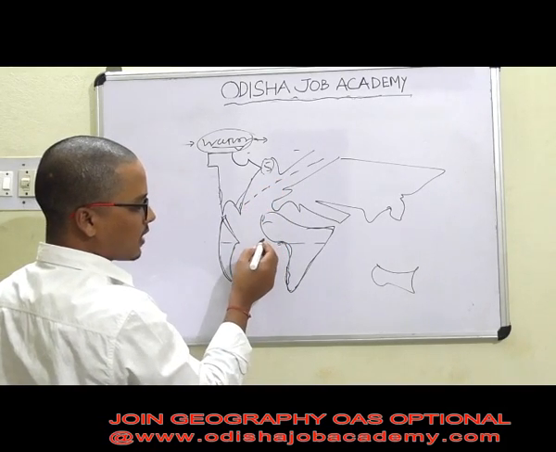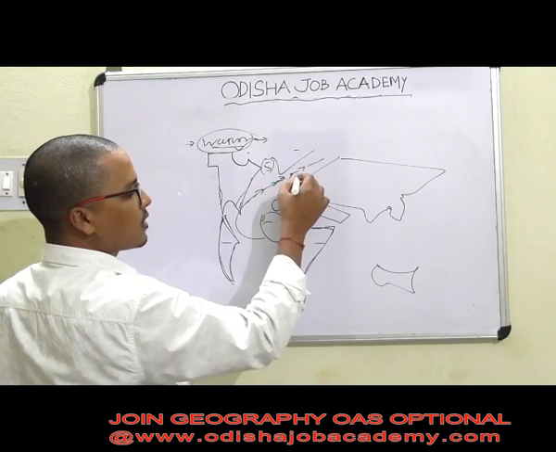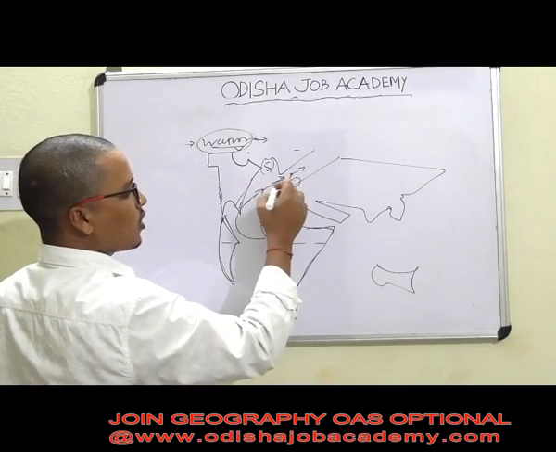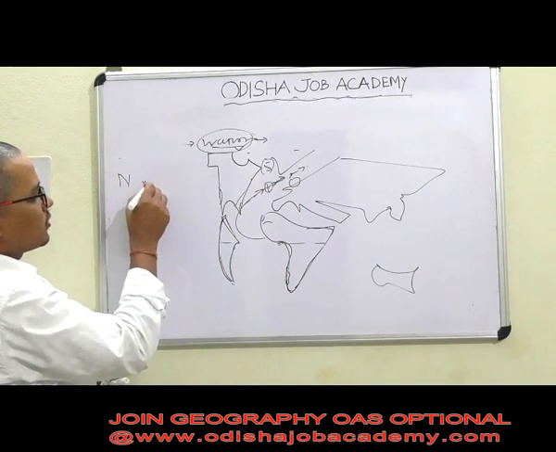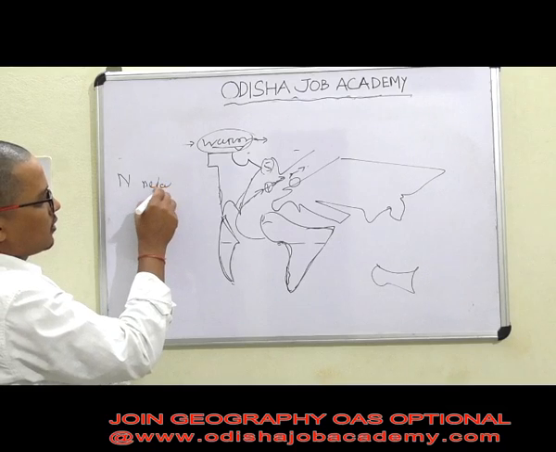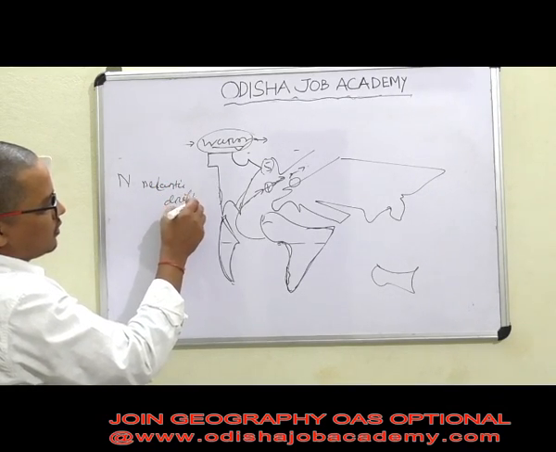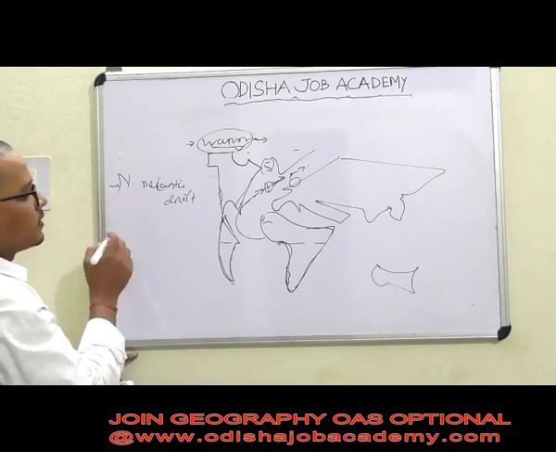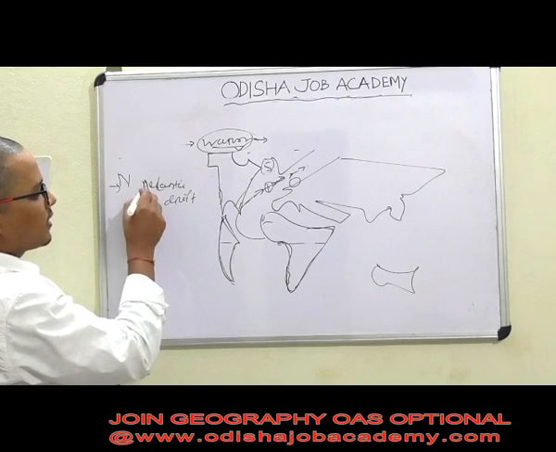The current develops and goes like this, to Norway. This is the North Atlantic Drift.